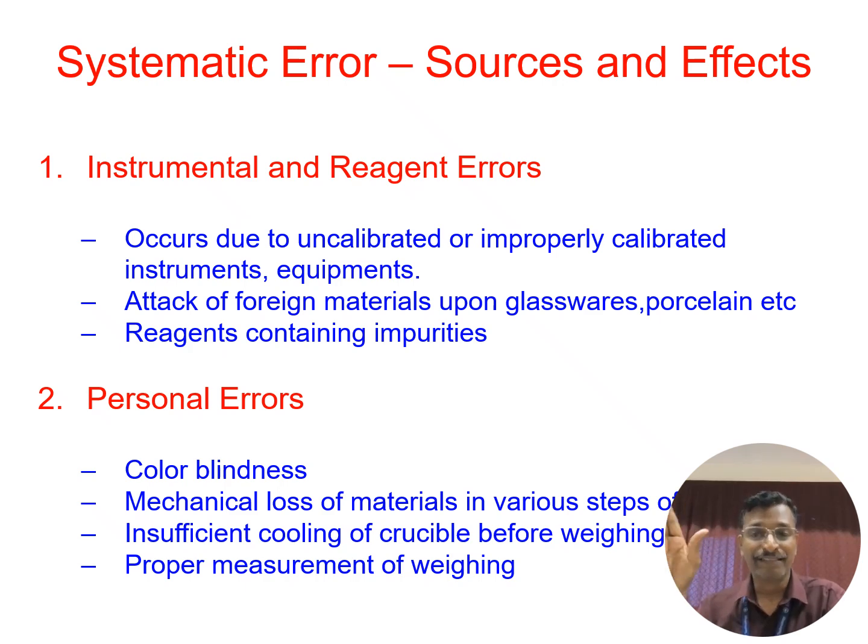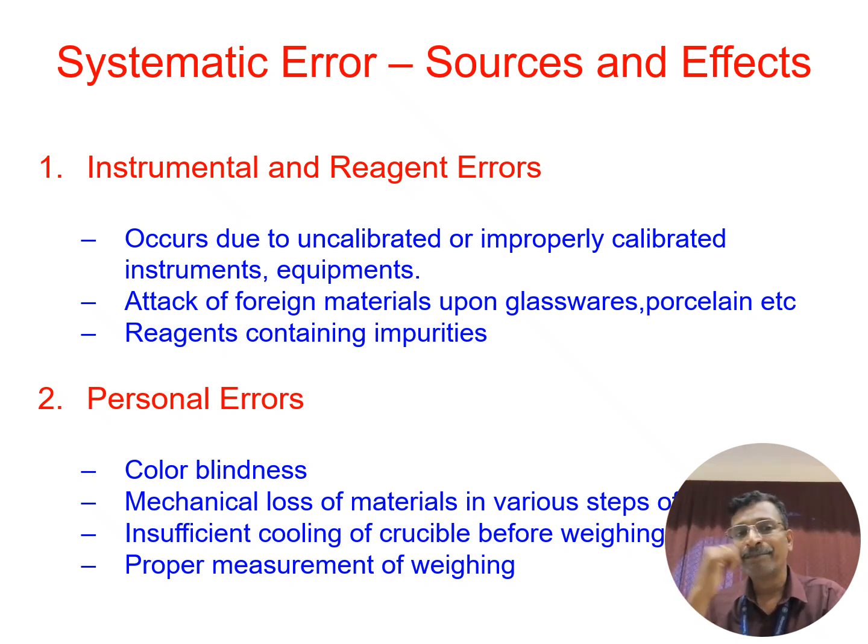It may affect your results, so there is a possibility of error. And then suppose your reagent has some impurity, either a reagent or your starting material or any byproducts, that may cause the error. These are all the categories under instrumental error and reagent error.